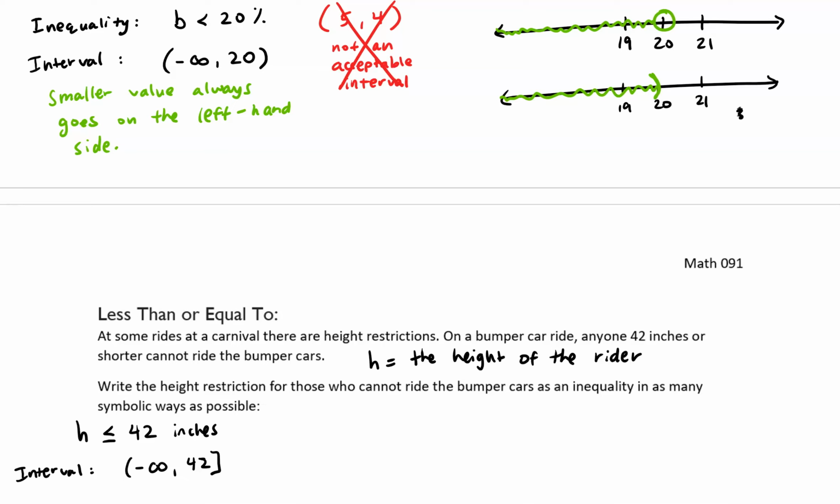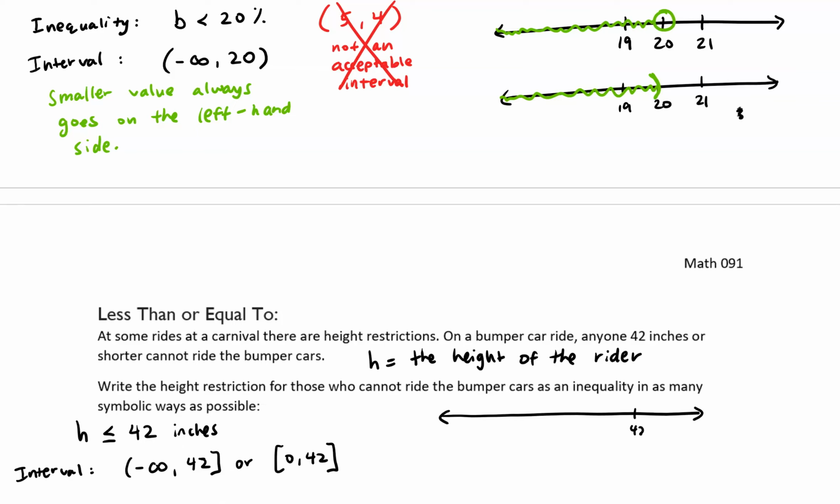And so if you're a person, you can't say like, oh, I'm negative 36 inches tall. That doesn't quite make sense. So another acceptable answer is you could have it stop at 0. And so you could say between 0 and 42 like that and have that be your interval. That's perfectly acceptable as well.